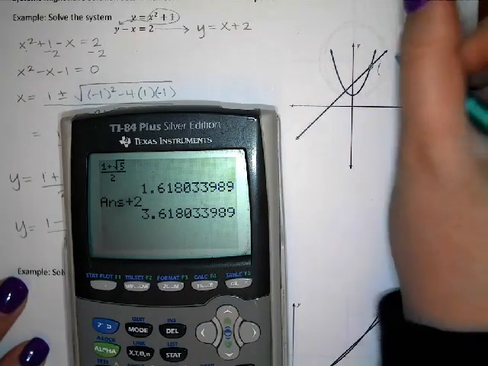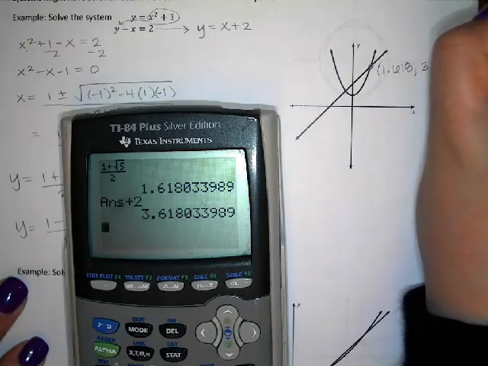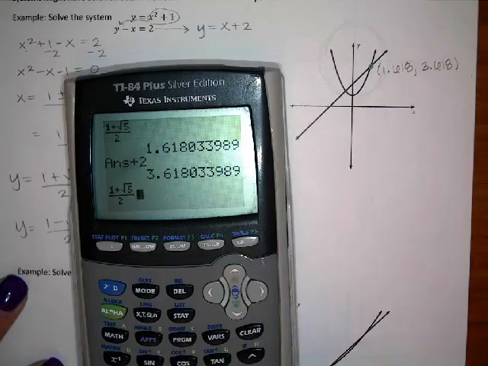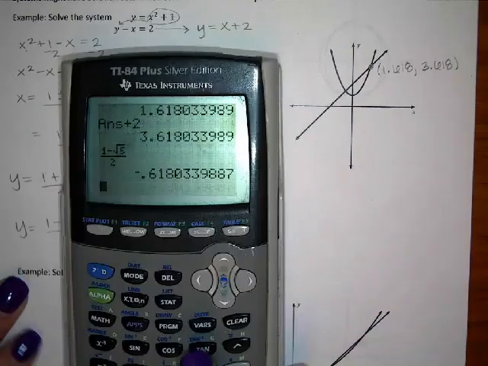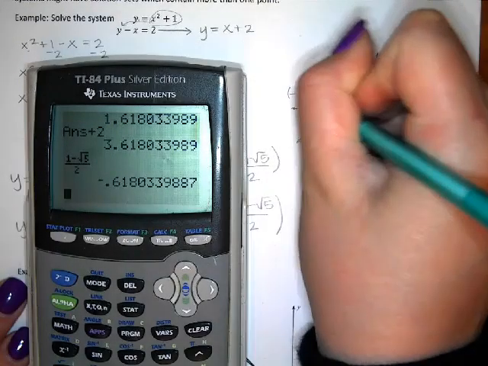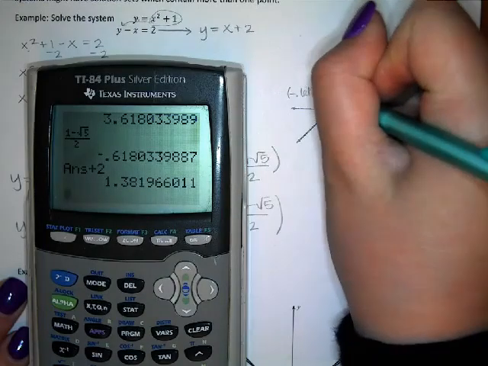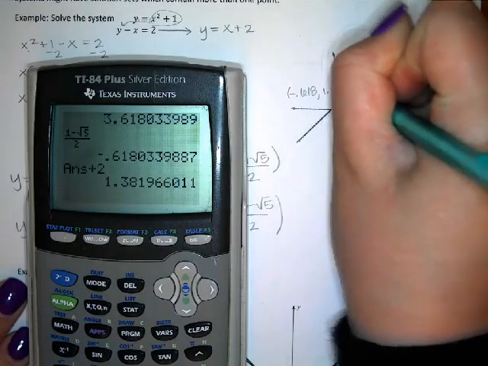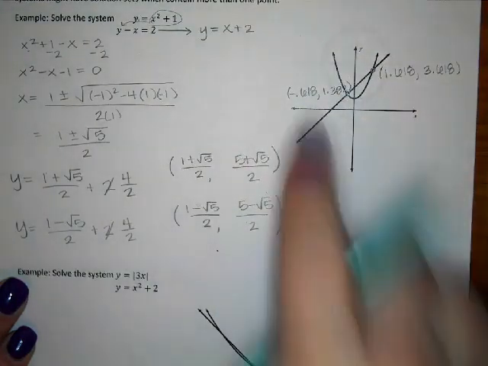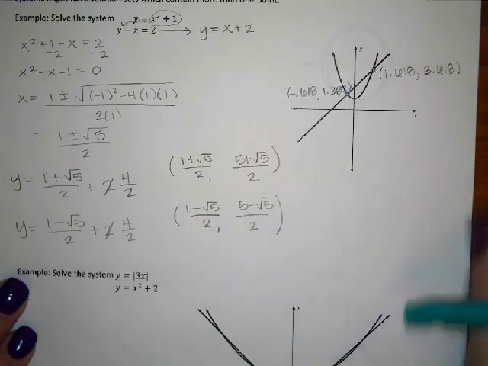So this is the point 1.618, 3.618, and then we have negative 0.618, 1.382. So if my math lab happens to take those as decimals, then those would be your decimal answers. If my math lab forces you to have exact answers, that was how we found the exact answers.